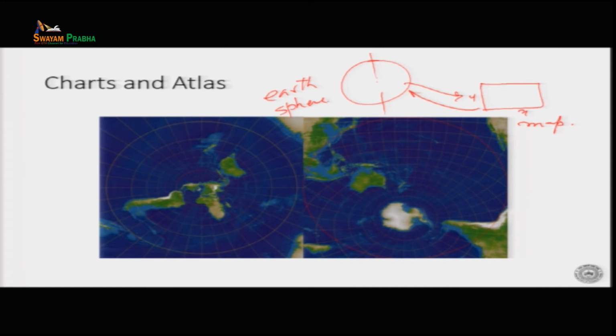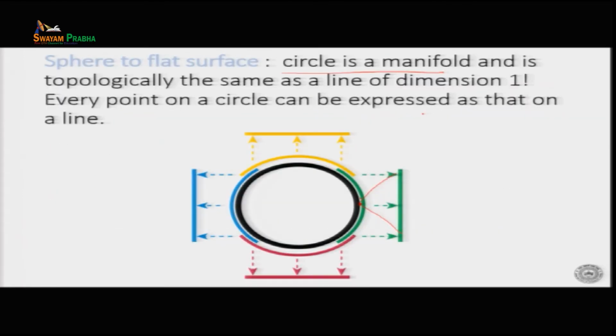So, we are representing the earth in the form of maps. If you look at the structure, it is spherical, so you can say that it is circular, and for a local region there, I can represent this as a map, which is xy. So, this is the meaning of being able to locally map from a circle to a straight line, which is shown here.